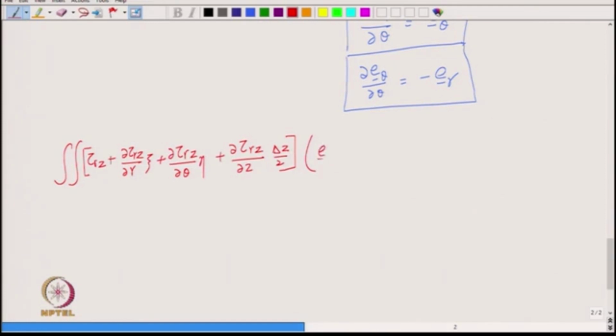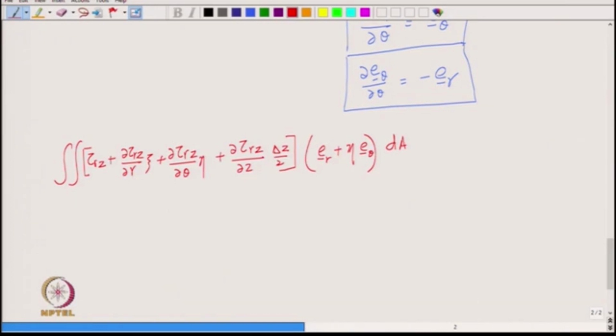So, that was E r at the center plus del E r by del theta, which was E theta. So, this is eta into E theta times dA. Okay, so, that is the integral which we have to work out.